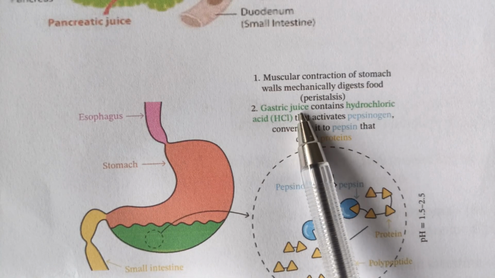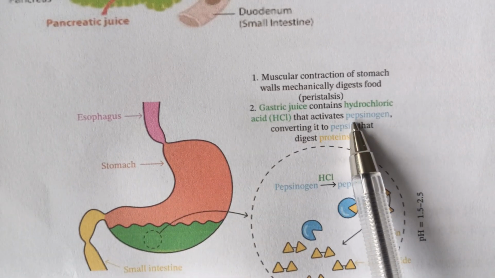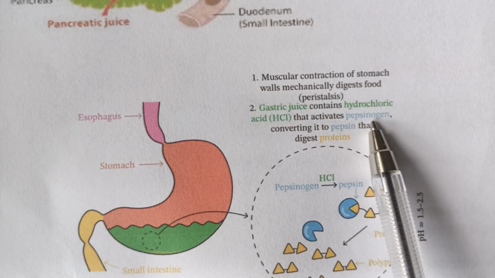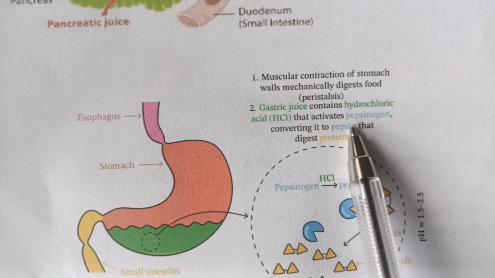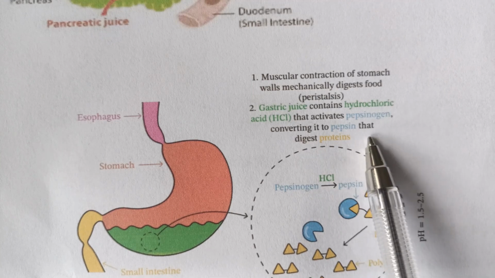Gastric juice comes from the gastric glands in the wall of the stomach. It contains hydrochloric acid that converts pepsinogen into pepsin, and pepsin is important for digestion of protein.